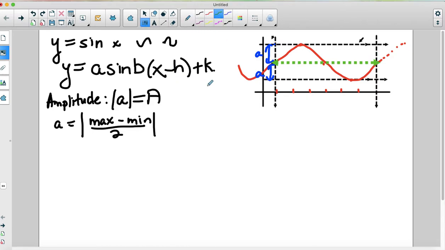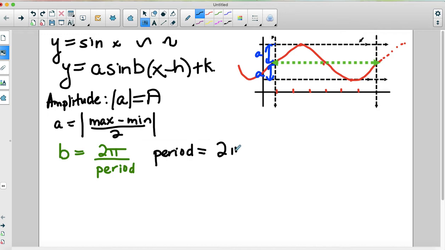To figure out the length of the period, you just need to look at the distance between this point and that point, but it's related to the B value. The B value is actually 2 pi over the length of the period, because a complete rotation of a circle is 2 pi. And the reverse, to get your period once you know your B, would be 2 pi over the absolute value of B.